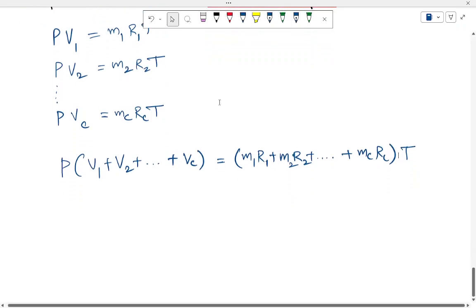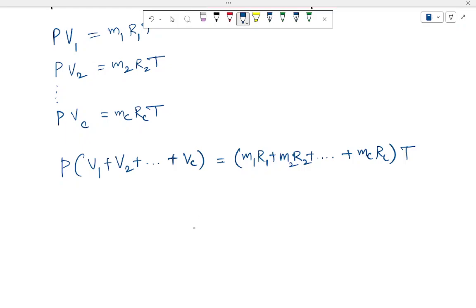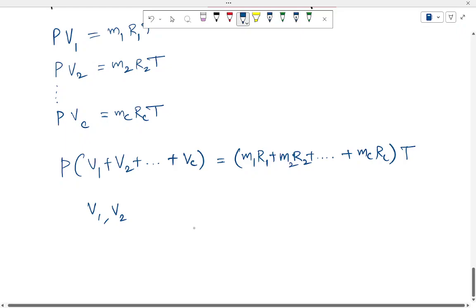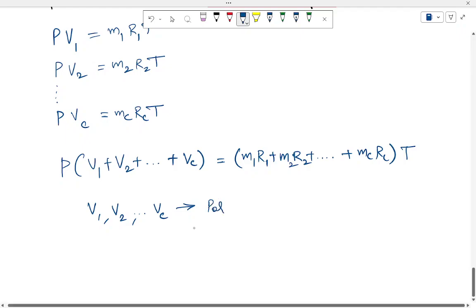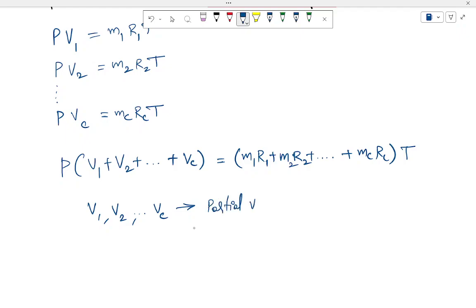In this, V1, V2, so on up to Vc are partial volumes.